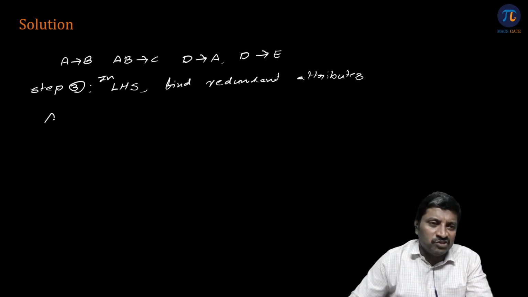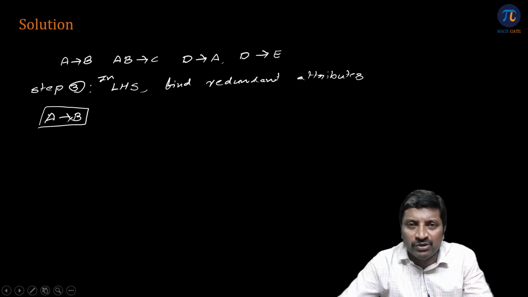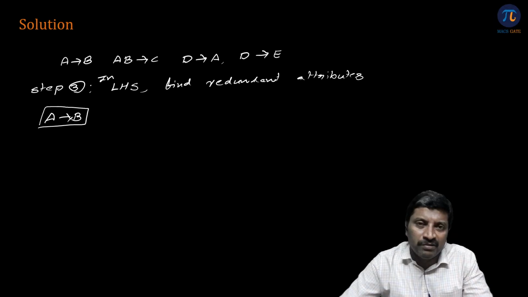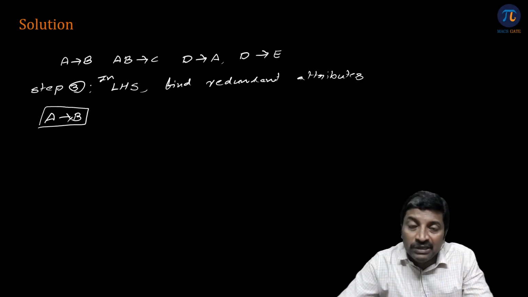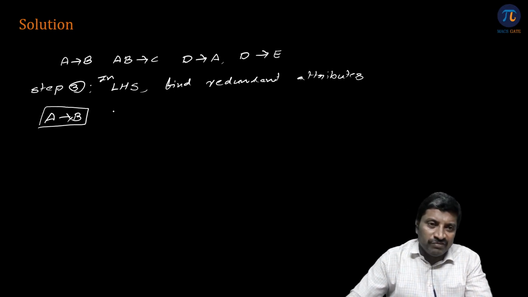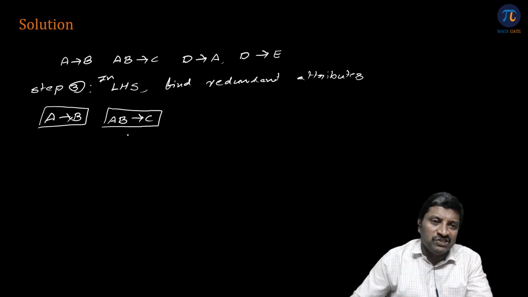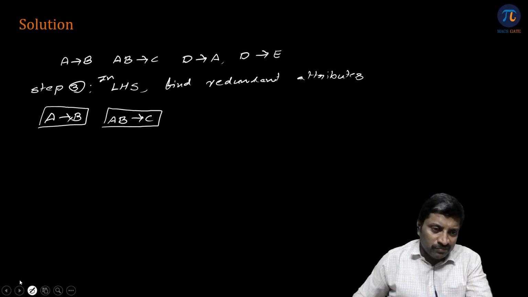Coming to the first one, A implies B. In LHS, I have only one. Sir, whenever we have only one employee to do our work, he is mandatory. Suppose I have 2 employees, then I will get a doubt whether both are mandatory or not. So for the second one, AB implies C, let us try it.